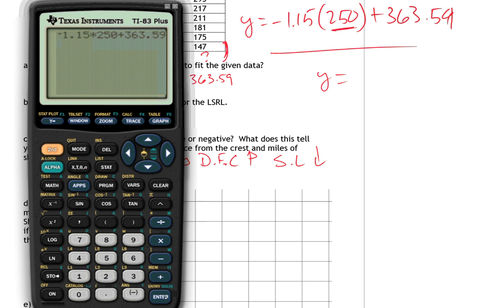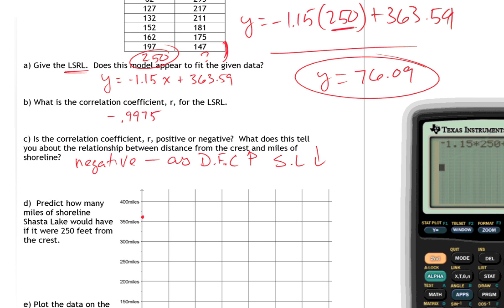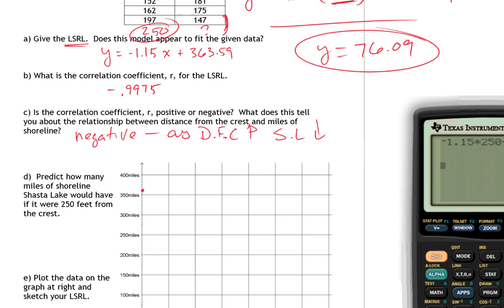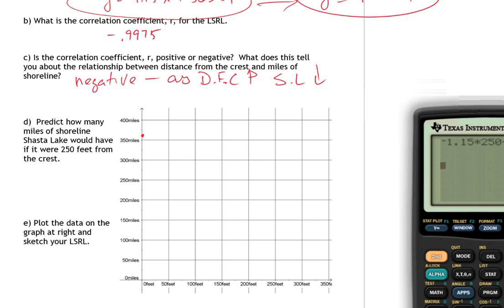Did anyone have that? Okay, so that's from the model. That's from the rounded model, so anywhere in that neighborhood is good. So, predict how many miles of shoreline Shasta Lake would have if it were 250 feet from the crest. Based on the model, it says that I should have about 76.09, about 76 miles of shoreline.